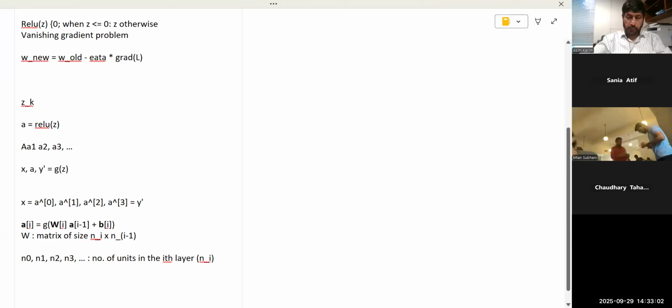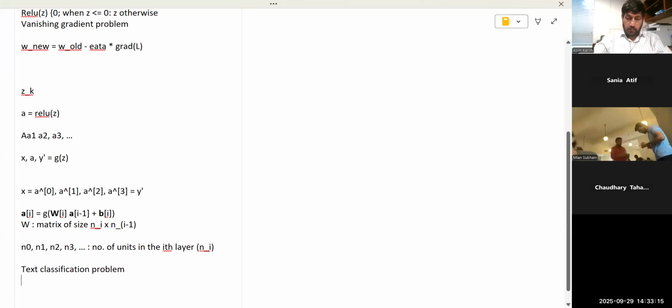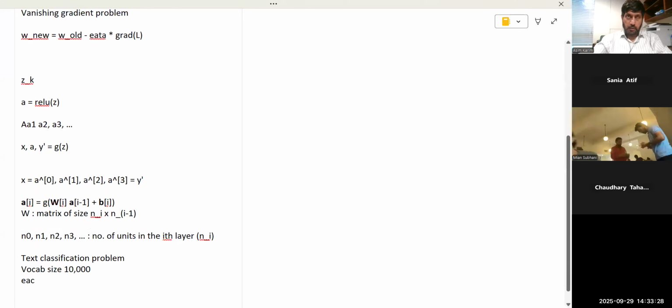So let's take an example and maybe that will help you understand things better. So let's say मेरे पास एक क्लासिफिकेशन प्रॉब्लम है. ठीक है. तो उसका vocab size लेट्स से 10,000 है. ठीक है. इसका मतलब है कि each document is represented by a vector of size 10,000. ठीक है.